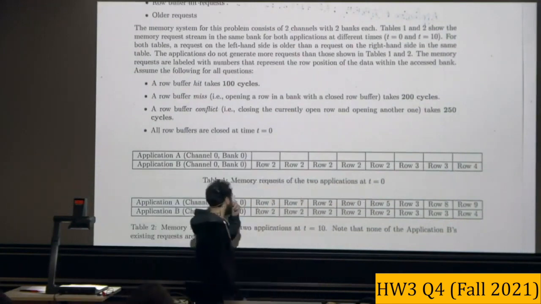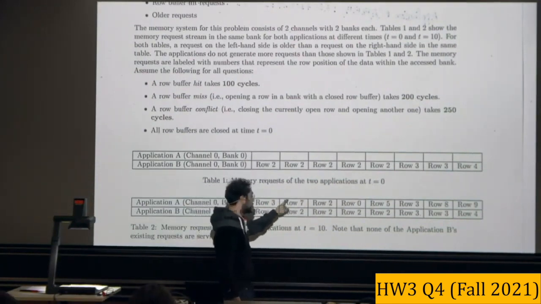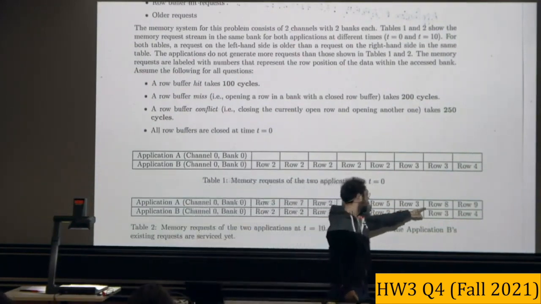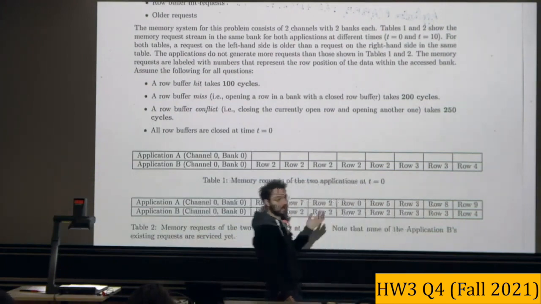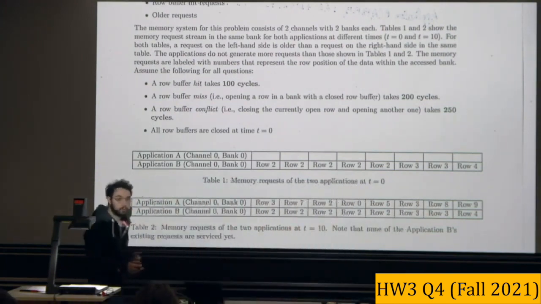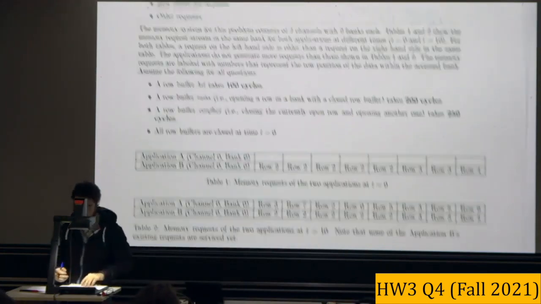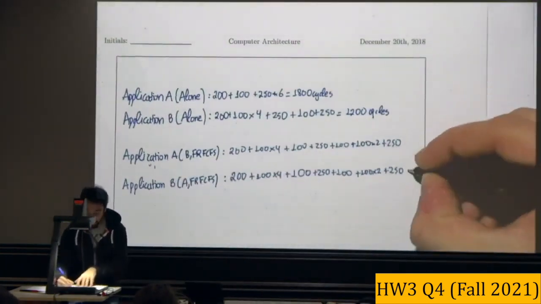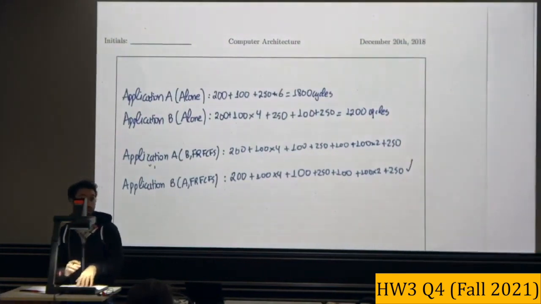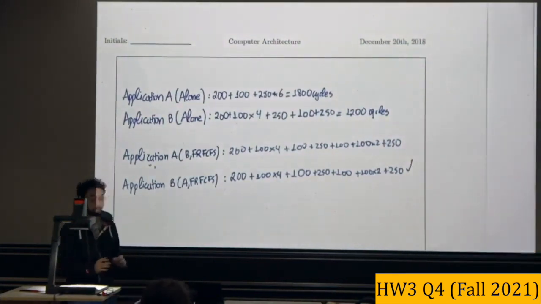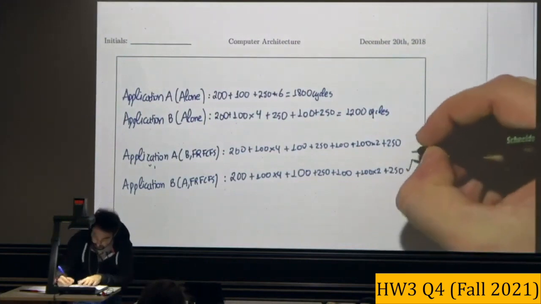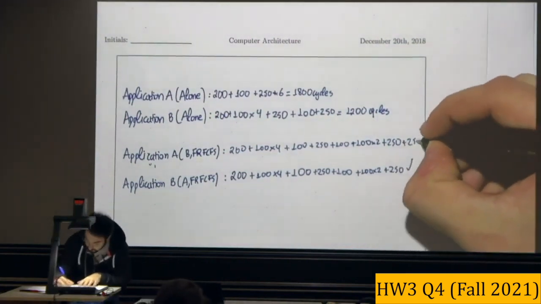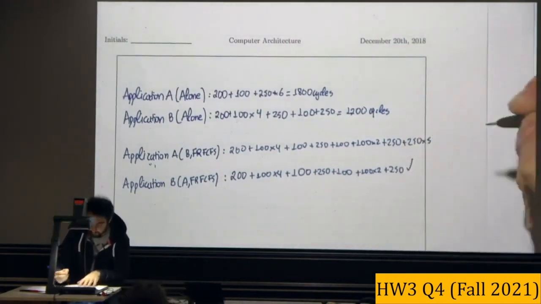So we need to service requests 7, 0, 8, 5, and 9, which are 5 requests, which are all in different rows, which means 5 conflicts, right? So application B is done because we executed all the requests from application B. So this is the total memory latency. And here we have 250 multiplied by 5.